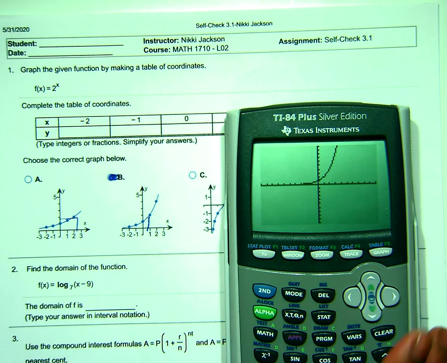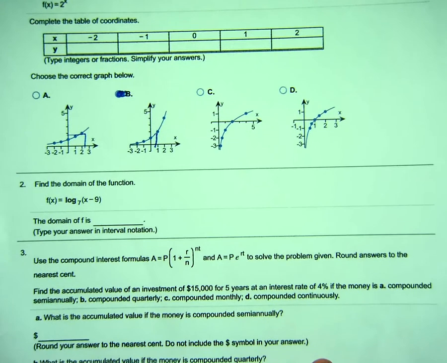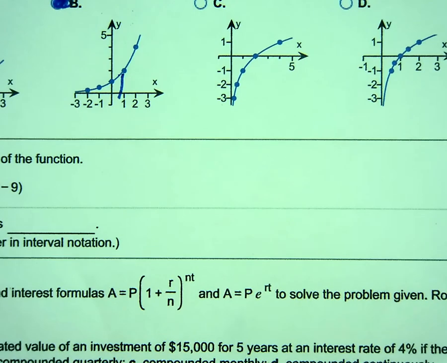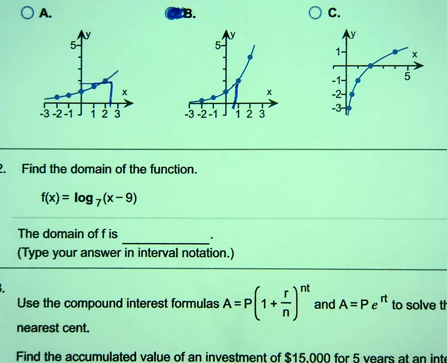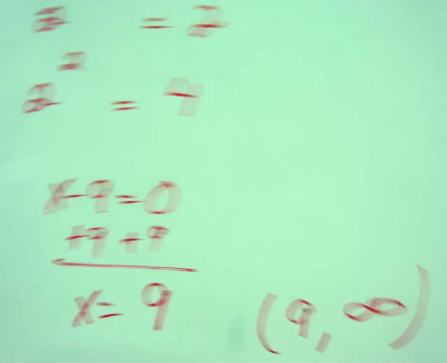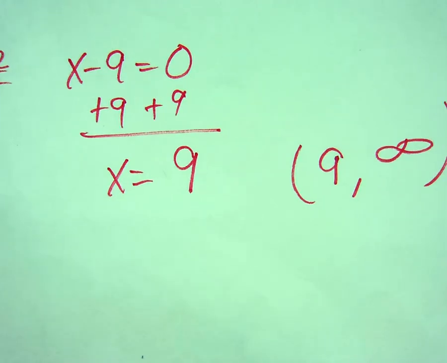Next, for example 2, is asking you to find the domain. Now remember, the domain is relevant to the x-axis. So that means anything that is pertaining to x. Now you can use MathWay as one of your resources to actually graph this. But just in case you don't have access to that website, here's what you do manually, not graphically, or algebraically is more so the correct way to say it.